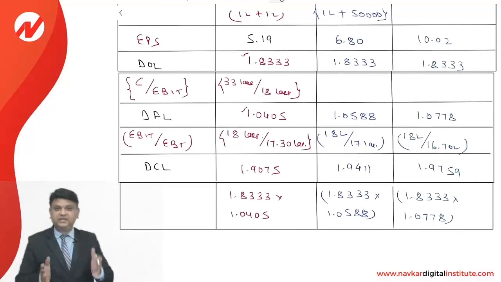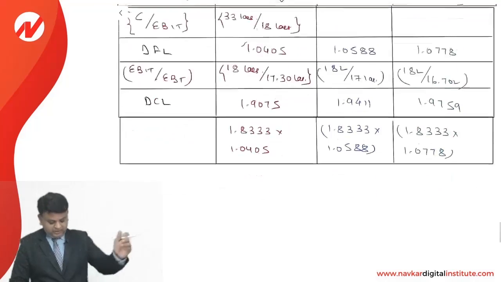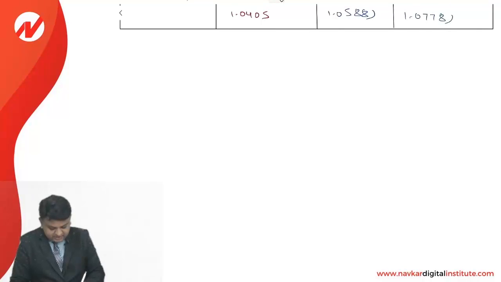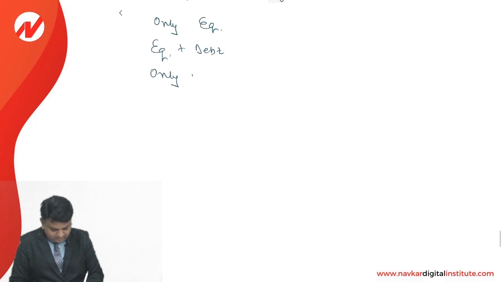Now, whatever the working that we have done, friends, based on that we can say something like this. There are three financial plans that we have: only equity, equity plus debt, and only debt.